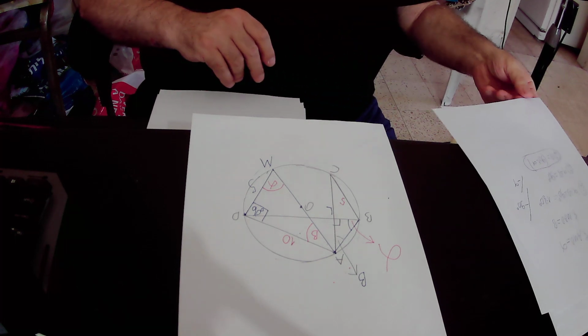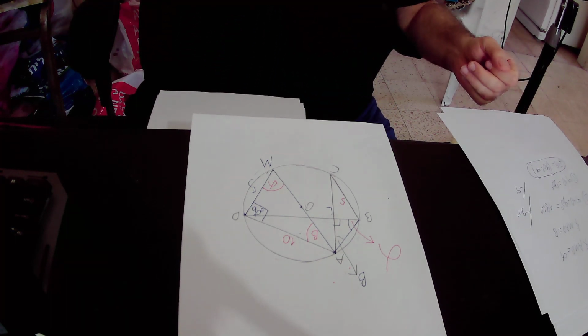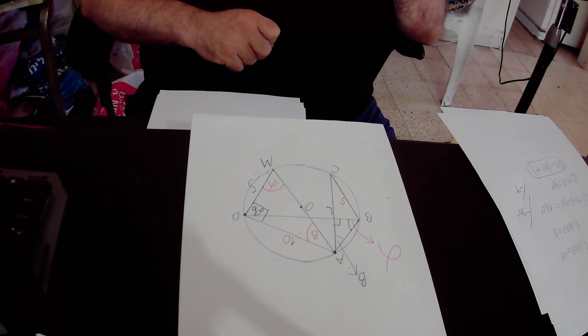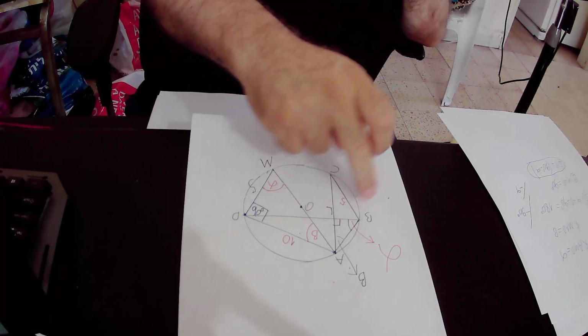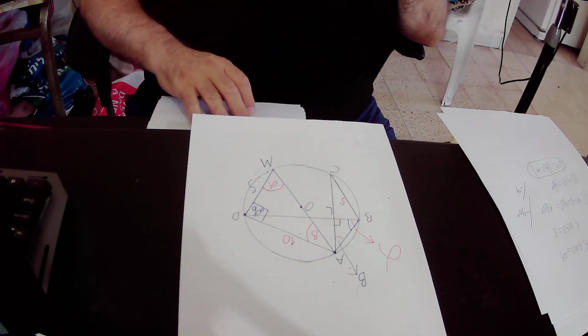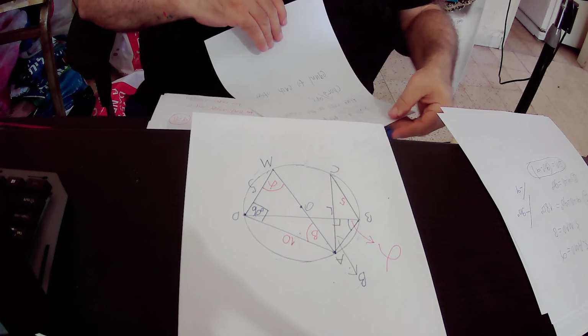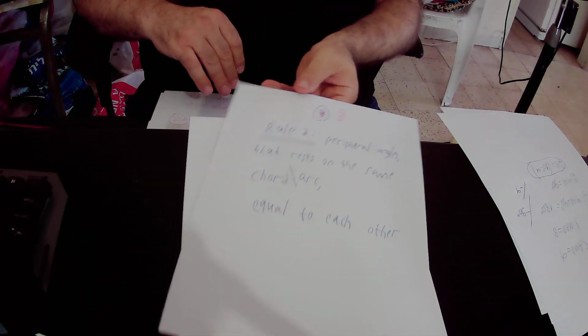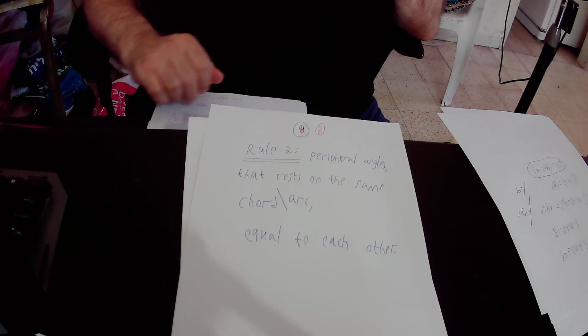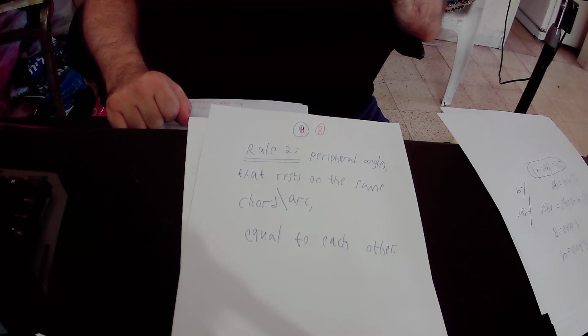In the next step, we connected points A and B together by a straight line, and we actually have rule number 2 that states that peripheral angles that rest on the same chord or the same arc equal each other.